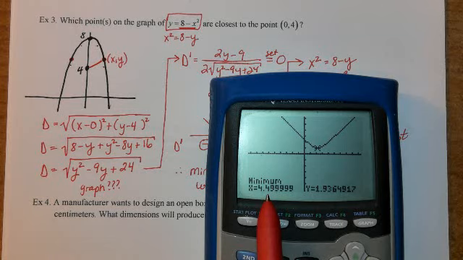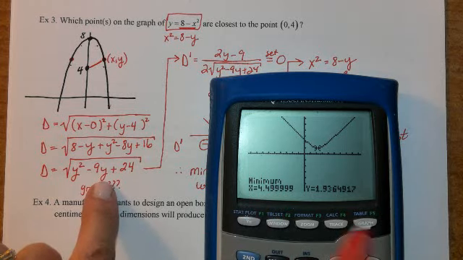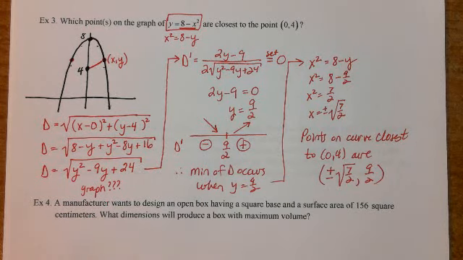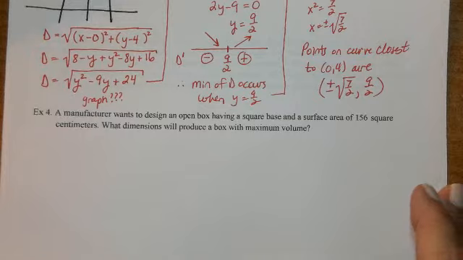Okay, 9 halves. And remember, my x value in my calculator is the y value here. So it's when y is 9 halves. So that makes sense, right? Makes sense.